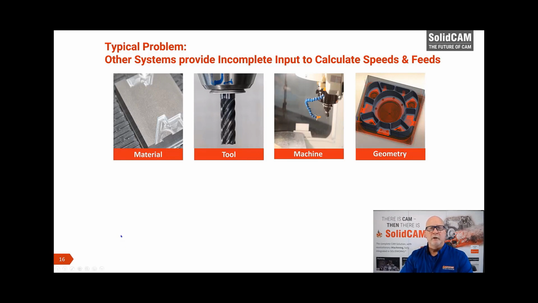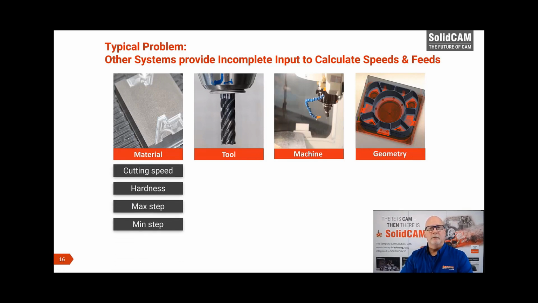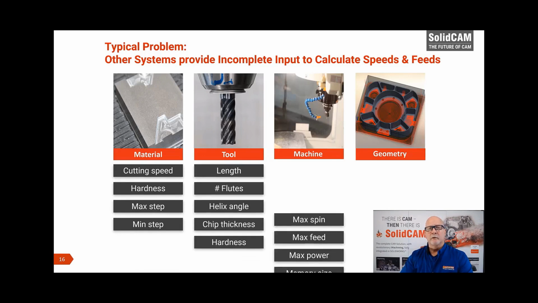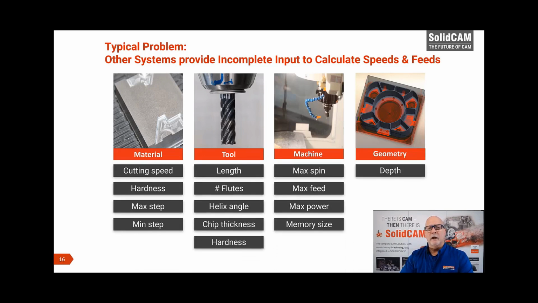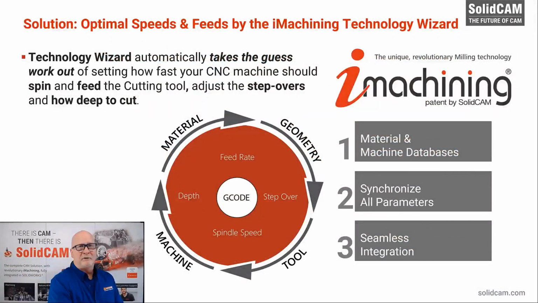You see, with iMachining, material properties, tool characteristics, and machine kinematics are all analyzed relative to the axial depth of cut to make sure that the tool is never overloaded and the spindle load remains unbelievably constant even while performing at the highest levels.